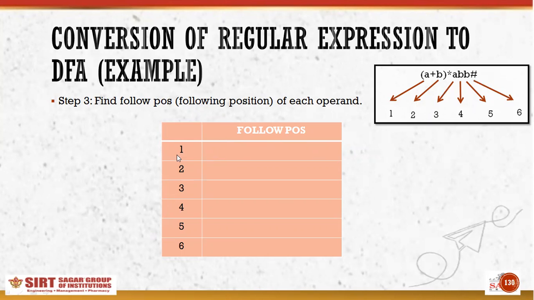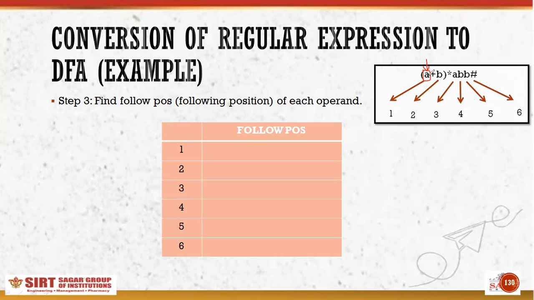First of all, I will consider 1. 1 is actually this a I'm considering. I have named this a as 1. What operands will follow this a? What are the possibilities existing here? As it is written here, (a+b)*, that means any possible combination of a and b, including epsilon.